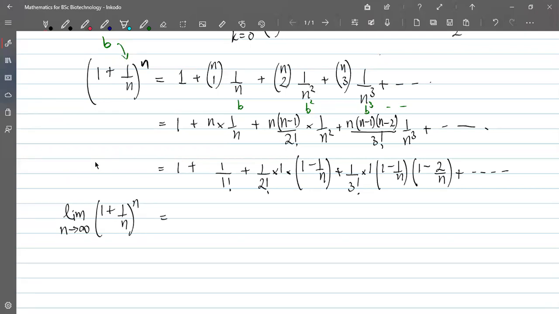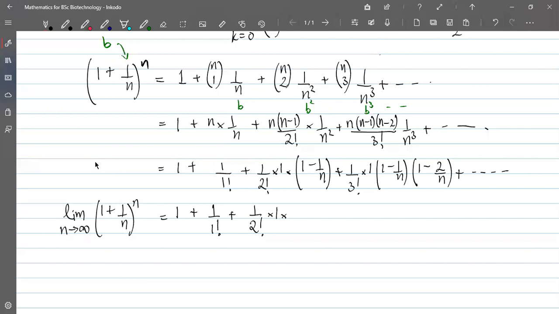So the first term here has no n in it, so nothing changes, it remains 1. And the same goes with the second term. But in the third term, with the 1 by 2 factorial, what happens? 1 by 2 factorial again is independent of n, so it remains as it is. This is 1, that also remains as it is.